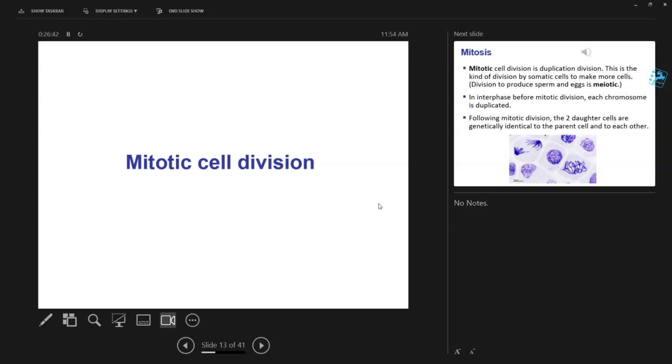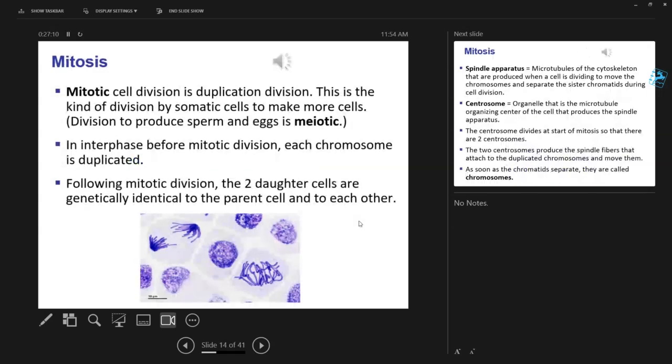So there's only one egg that results from meiotic cell division in females. And these ones that die are called polar bodies. This is the first polar body, this is the second polar body. In the next chapter we'll learn about meiotic cell division. But what we're talking about now is mitotic, which happens in all the other cells of our bodies.